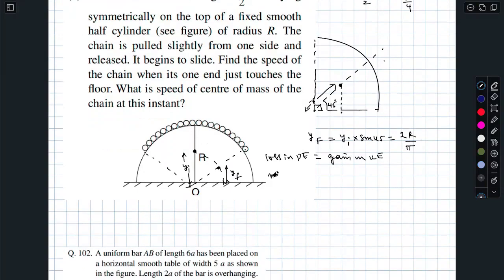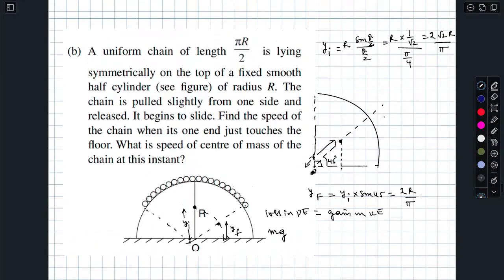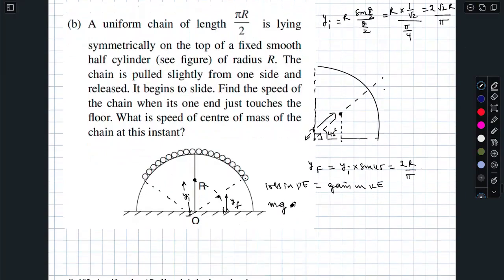So mg delta h, (√2 - 1) times 2r by pi, is half mv square. M cancels. So finally v is under root 4rg times (√2 - 1) by pi. That is the velocity of the chain.